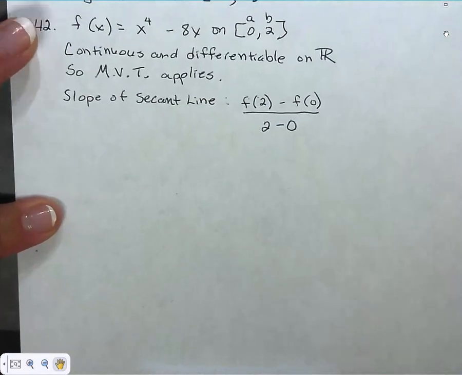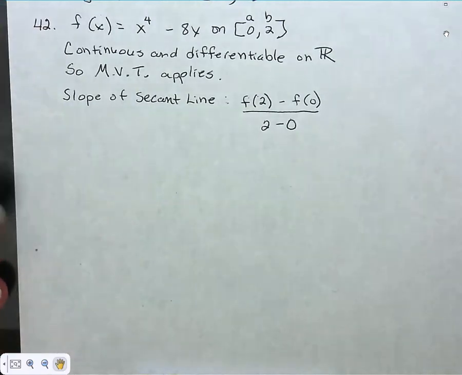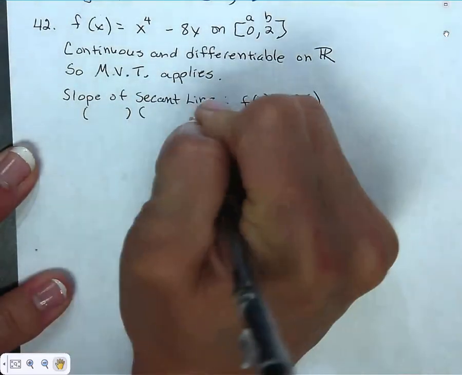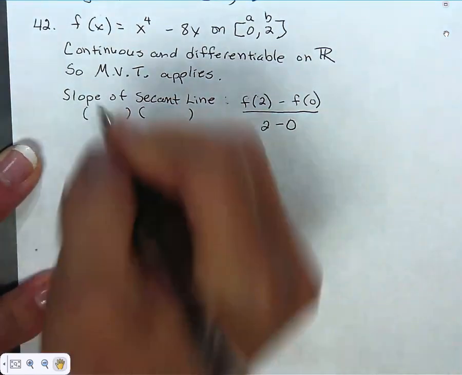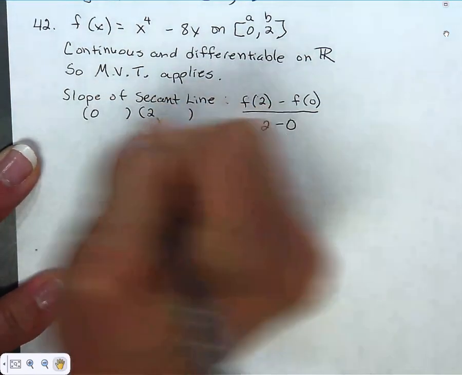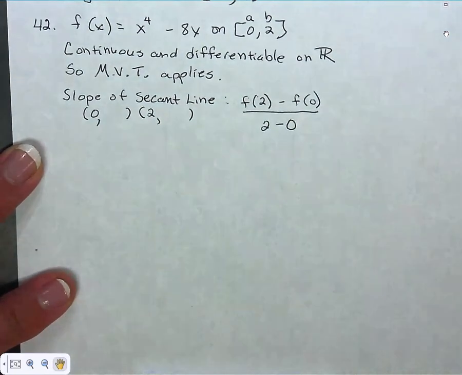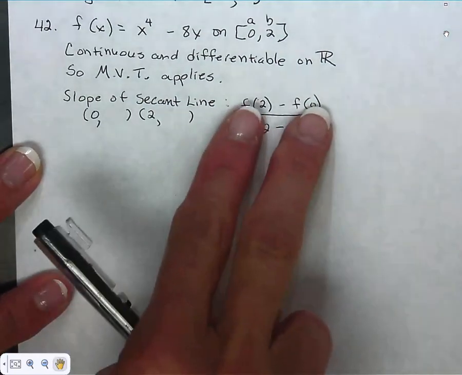On the interval from A to B, so we want to find, f of 0 is A, B is 2. We want to find f of 2 minus f of 0 over 2 minus 0. Sorry, I lost my train of thought for a second. Slope of the secant line from, here's what was bugging me. 0 and 2 are the x values, and I want the y values to plug into that formula.